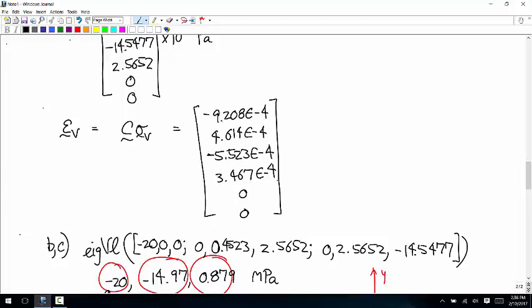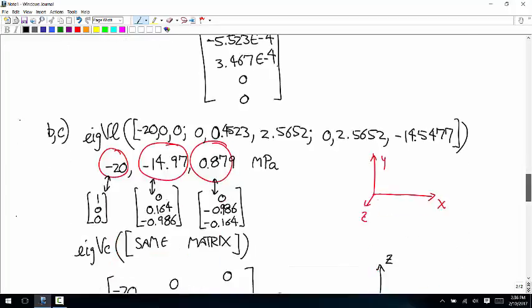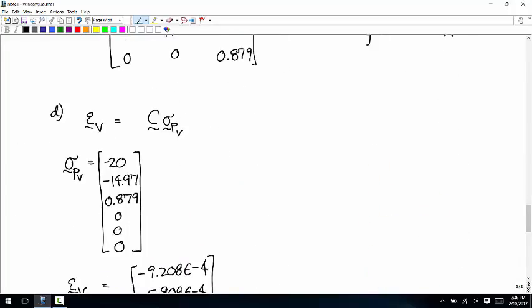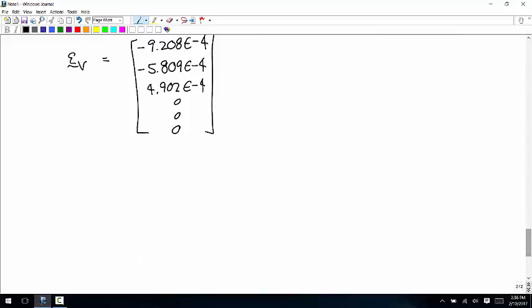And then the last question was, okay, so now we want to find the stress tensor that contains the maximum shear stress. And the way to do that is, remember the principal stresses, there's two important ones.